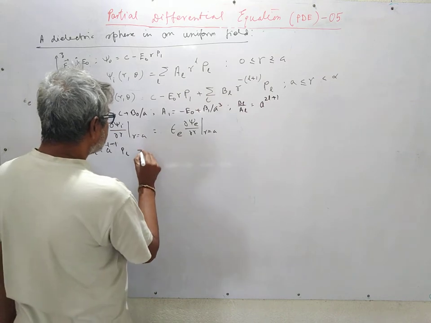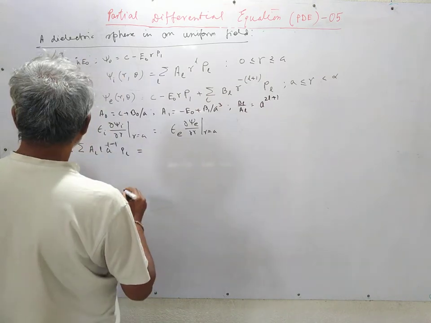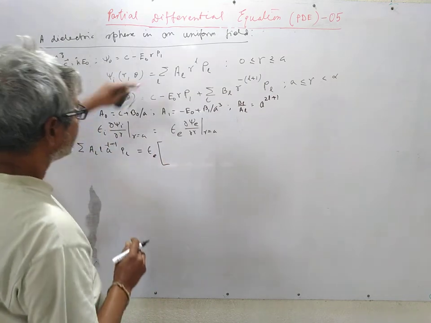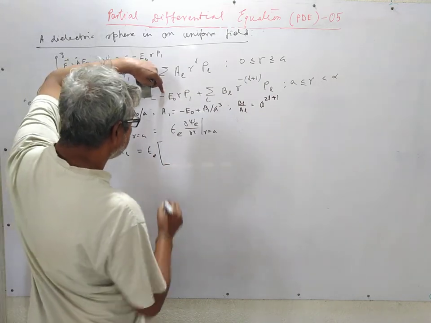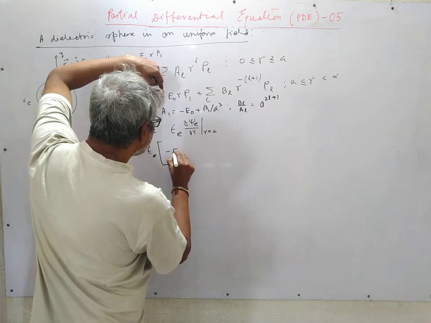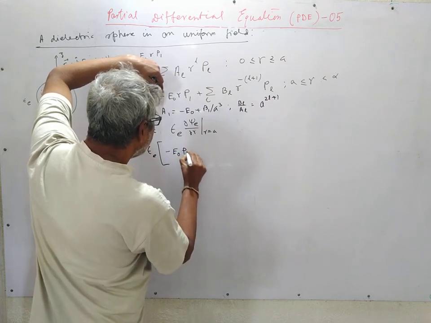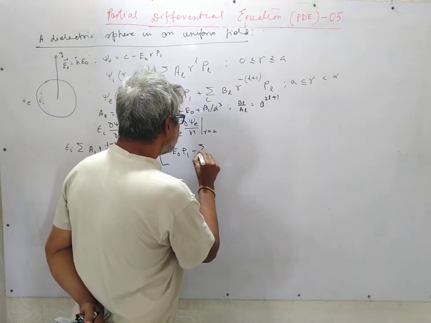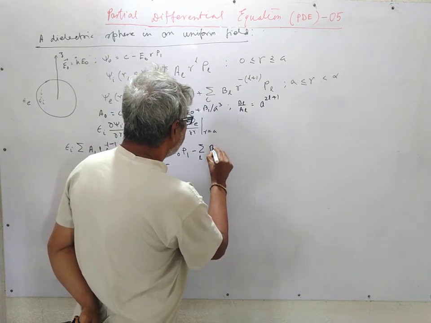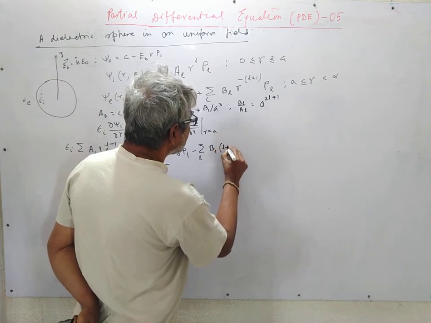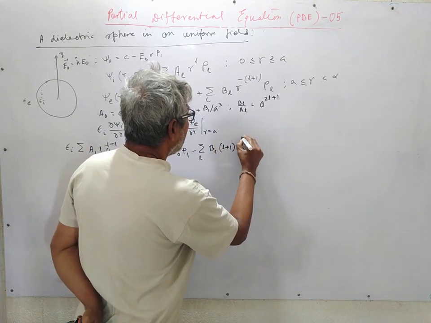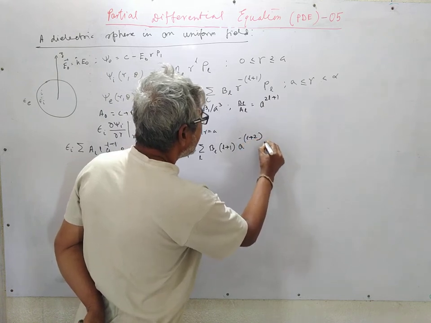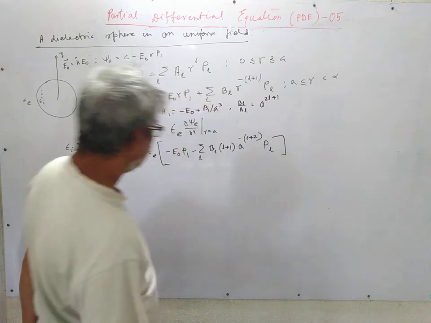Now if we differentiate the right hand side with epsilon E, this part is 0, this part is minus E0 P1, and if we differentiate this part, we will have summation over L BL L plus 1 a to the power minus L plus 2 PL of cos theta.